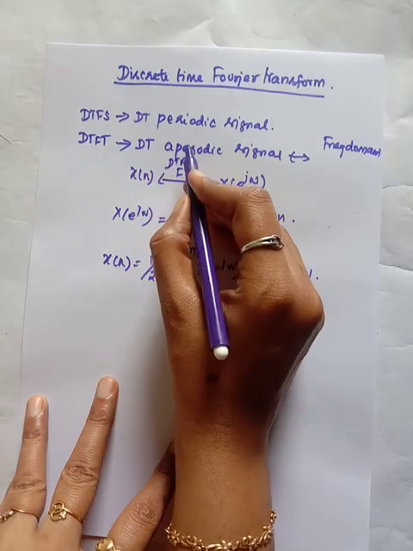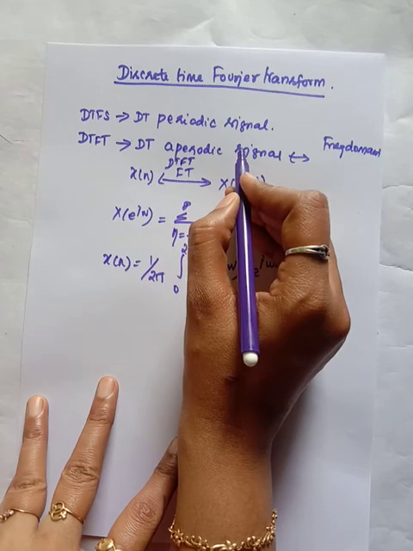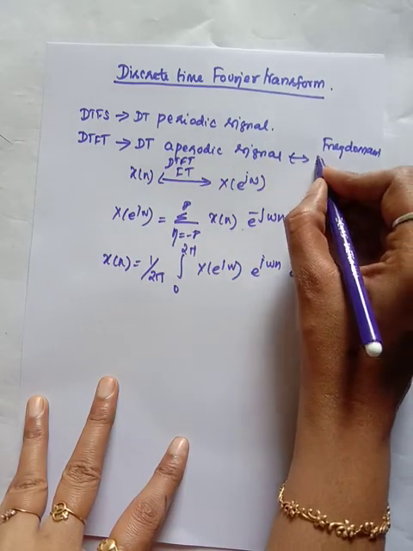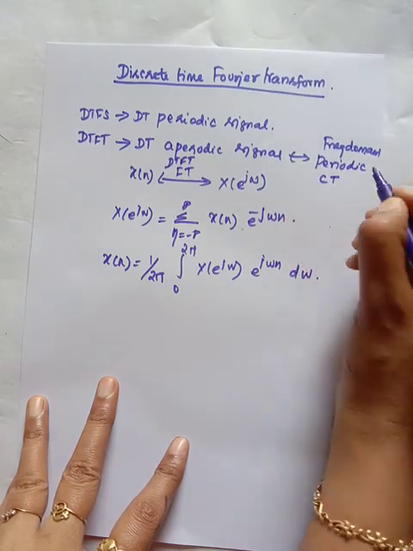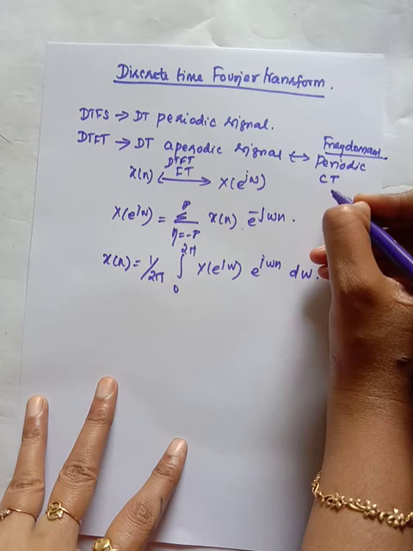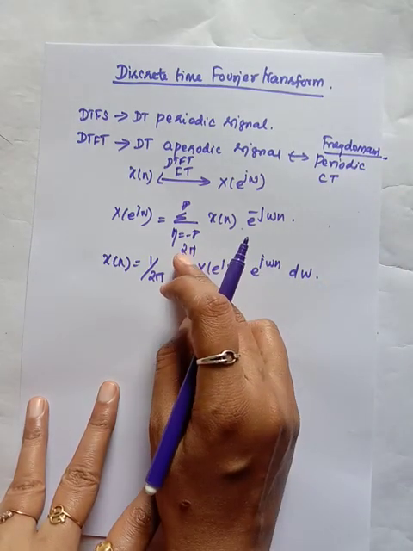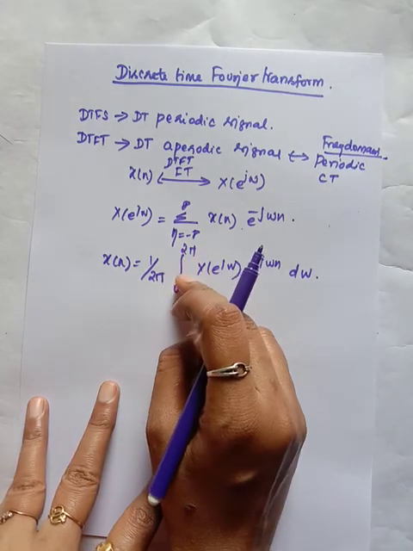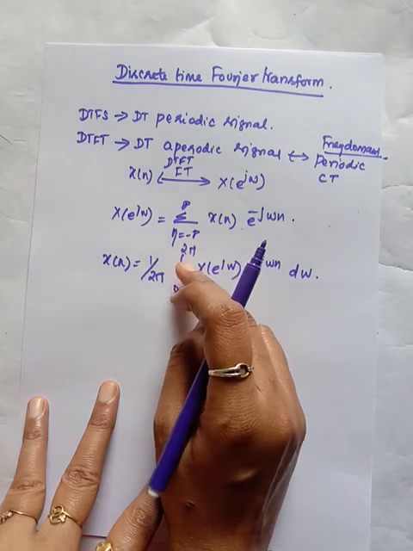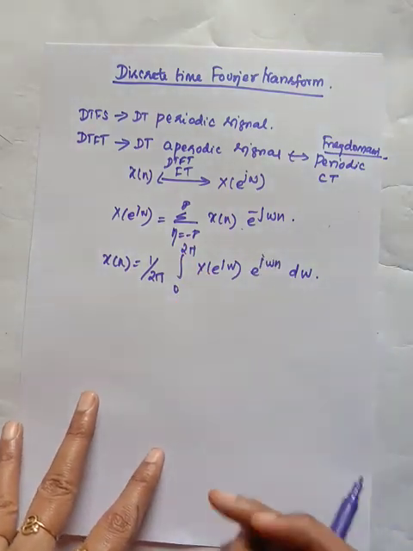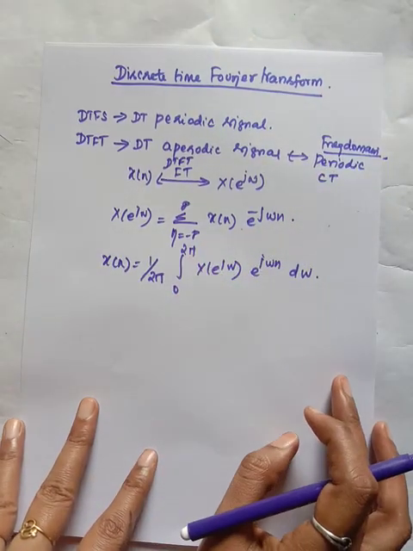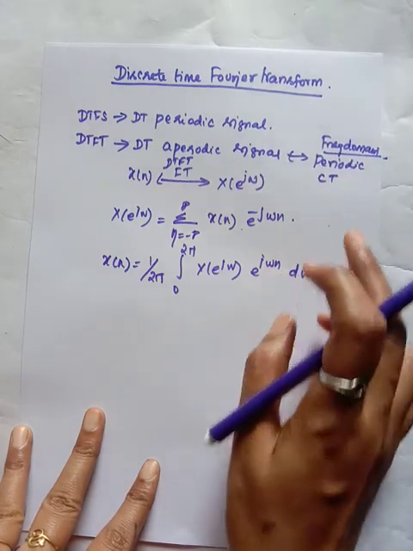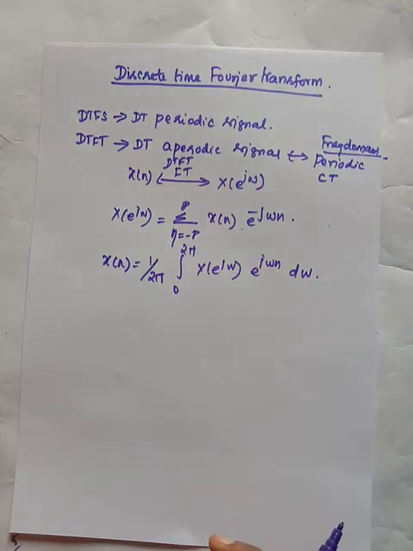Here it is a discrete time aperiodic signal, so the resultant will be periodic and continuous in the frequency domain. Since it is an integration, which we write for a continuous signal, and it is over 0 to 2 pi, the resultant will be a periodic continuous signal. So that is what you need to know in the discrete time Fourier transform.